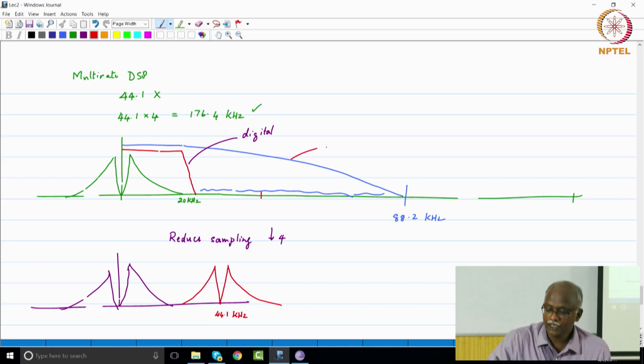The analog filter is easy to design, not complex at all in terms of its requirements. It is a very low Q filter. The digital filter is not a problem, easy to design, and we can implement it with linear phase, so it does not distort the signal. Therefore, what we have actually ended up achieving is obtaining CD quality with lower complexity.